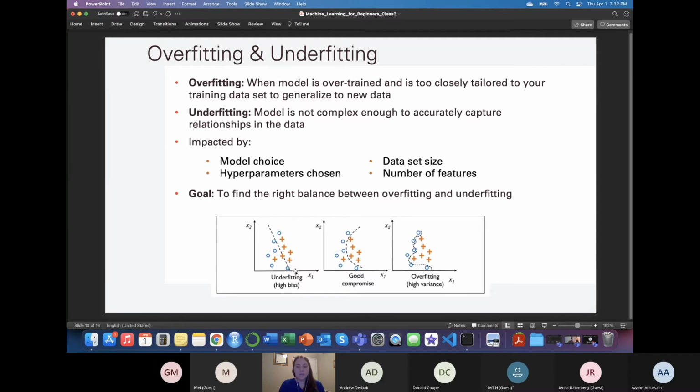Right here, the line isn't actually capturing the real relationships. The data points are more complex than this line can actually show. And then in the middle, there's a good compromise. Where your X's and O's, it's getting one wrong, but it's putting a pretty simple line or curve in between. So it's a good compromise between the two.